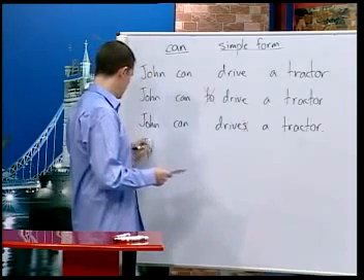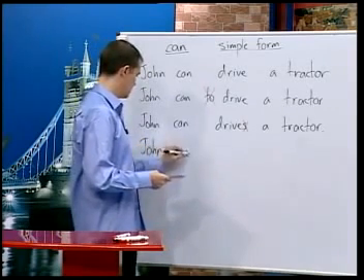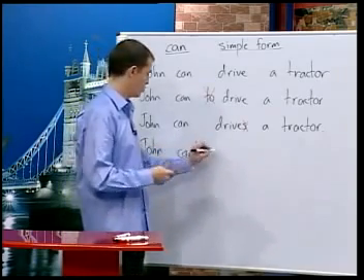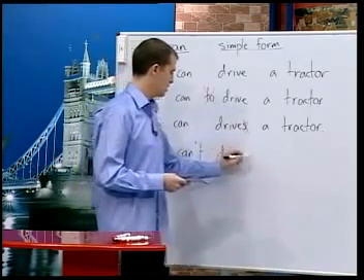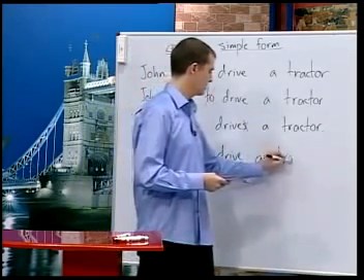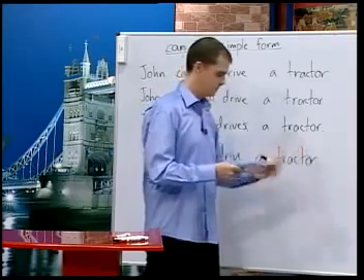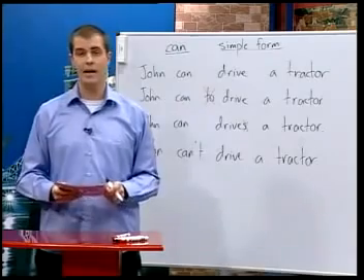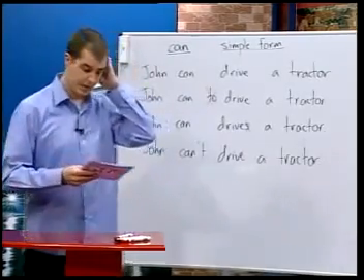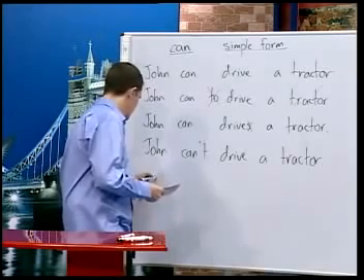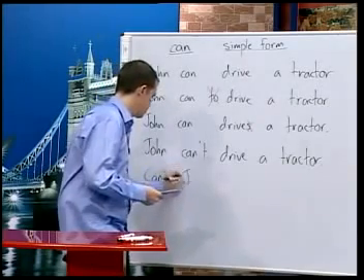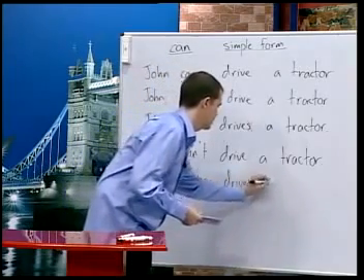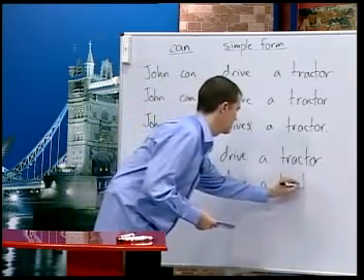John can't, cannot, drive a tractor. If we make a question out of this, we simply put can or can't at the beginning of the sentence. Can't John drive a tractor?